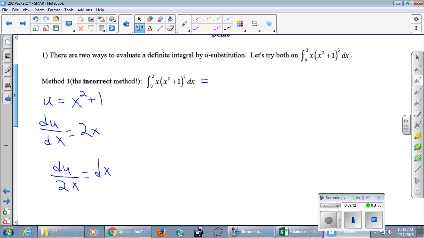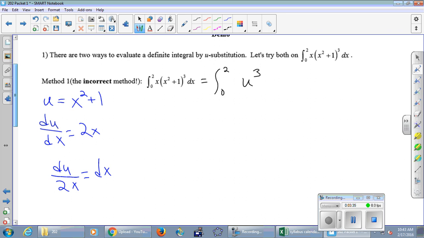And then we start to substitute. This guy equals integral 0 to 2. We get the u in there in the minimal way, which means what? So it's u cubed, right? And so we can't have the u without the cube. They're attached.